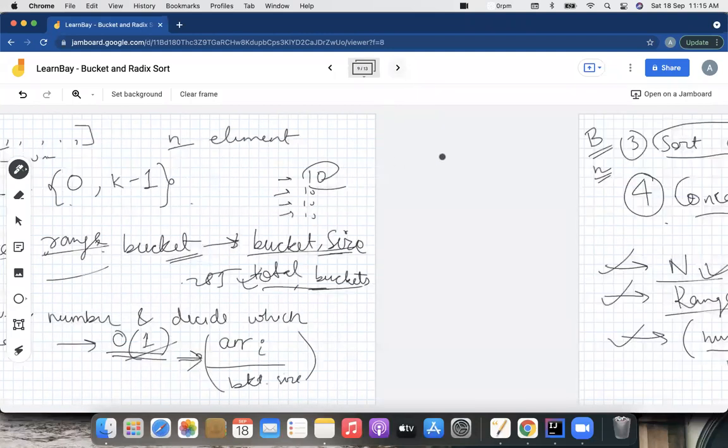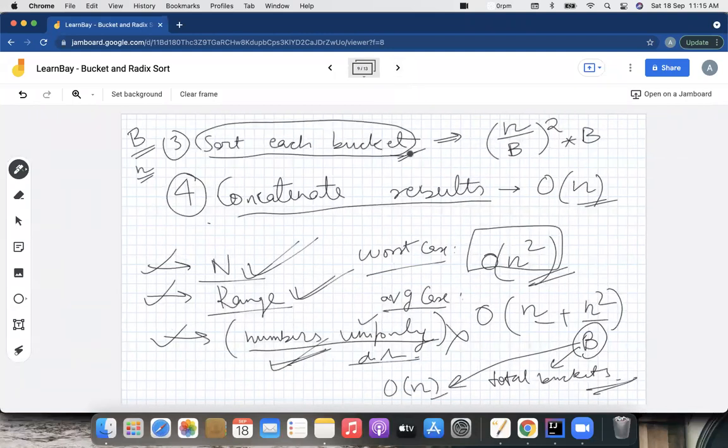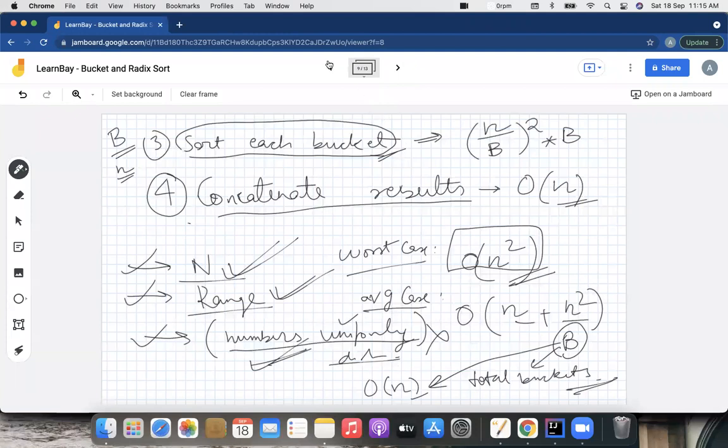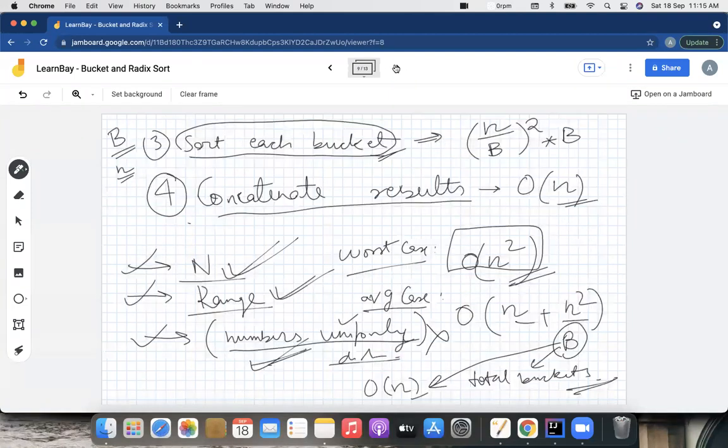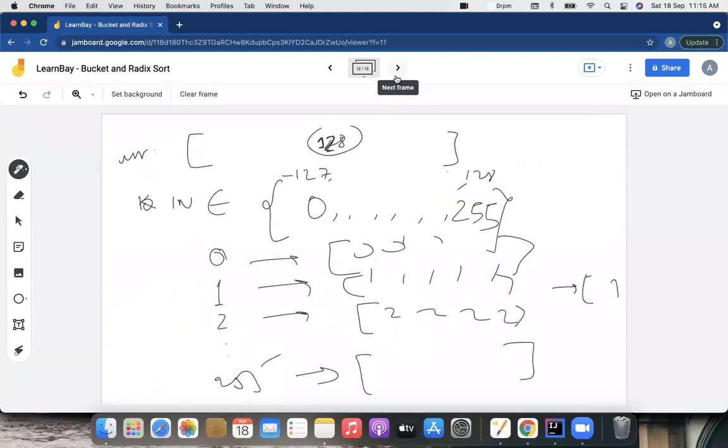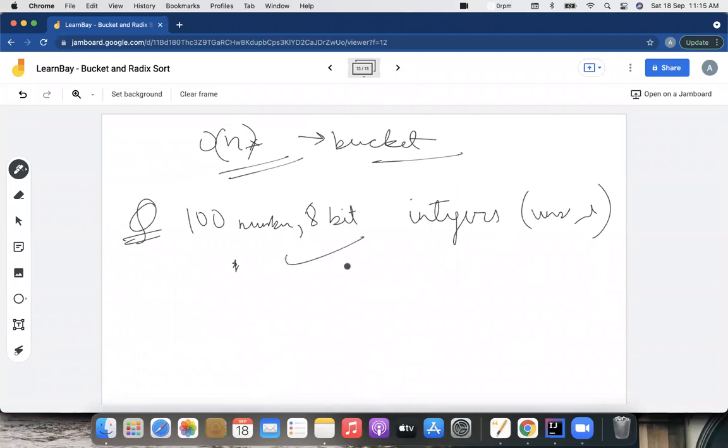We sort each bucket. This takes no time because all the buckets are always sorted, because the buckets are not range buckets, they are individual element buckets. And you just need to concatenate the result in order of n time and you get your answer, right? So in this case, you can use bucket sort.